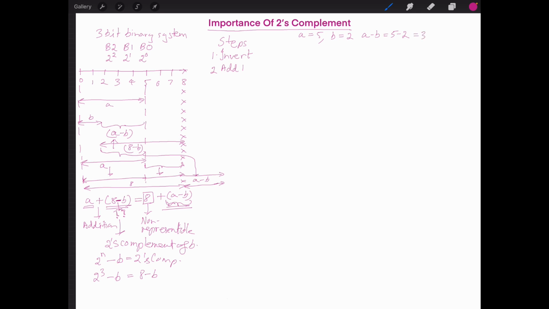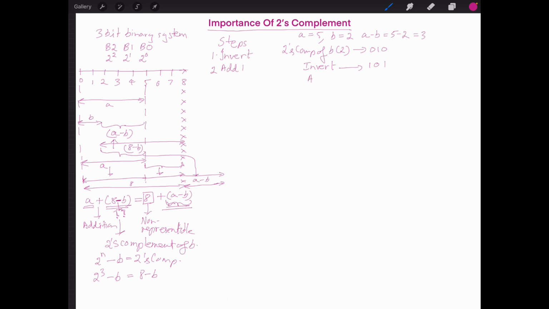In order to do this, let's first start by finding the 2's complement of B. B is nothing but 2. In binary it is represented as 0, 1, 0. Step 1 involves inverting all the bits, which would be 1, 0, 1.